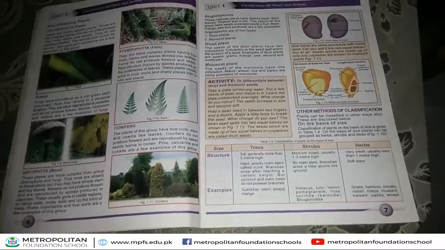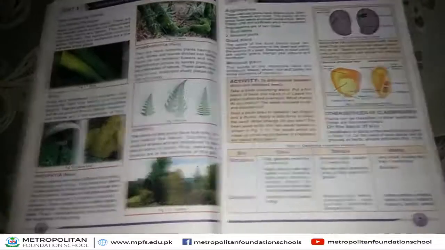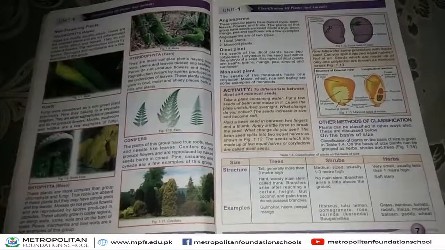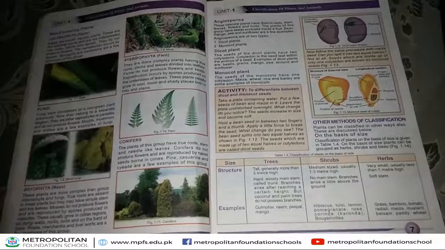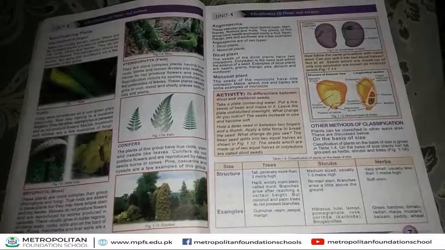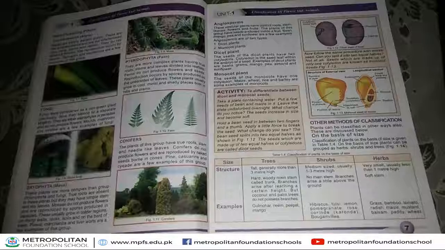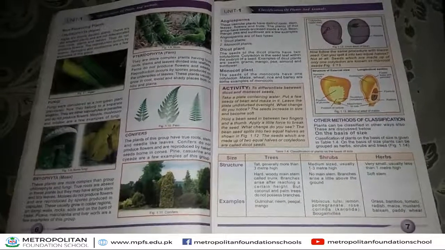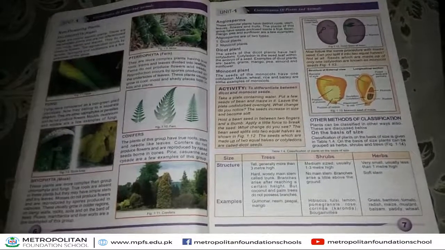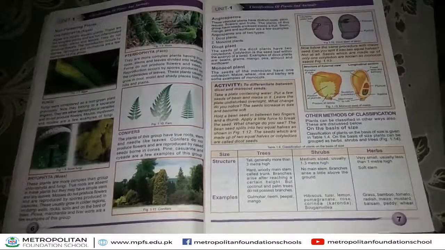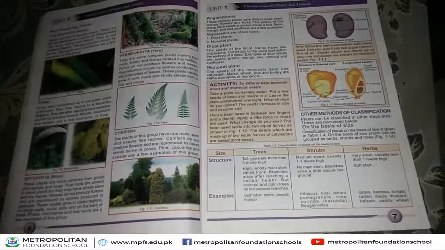Pteridophyta. Pteridophyta are more complex plants that have root, stem and leaves. Their leaves are divided into leaflets. Look at this picture, a picture of fern.